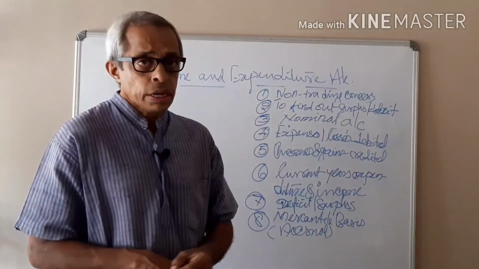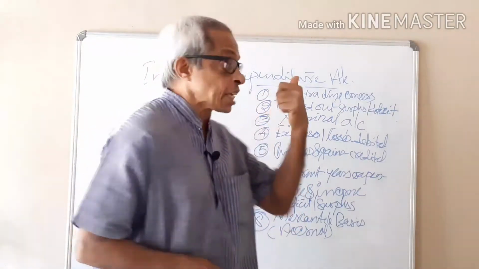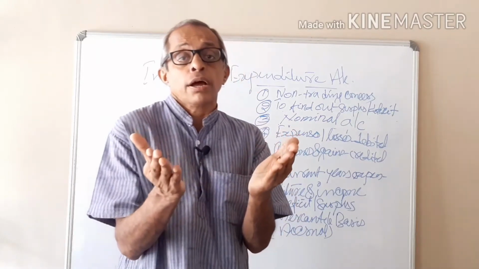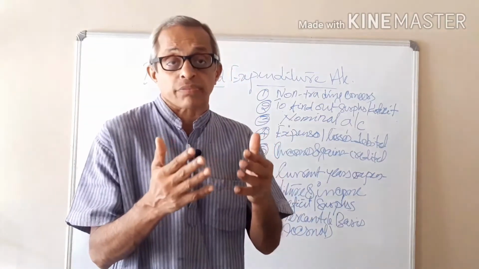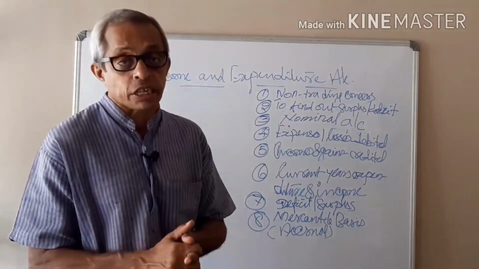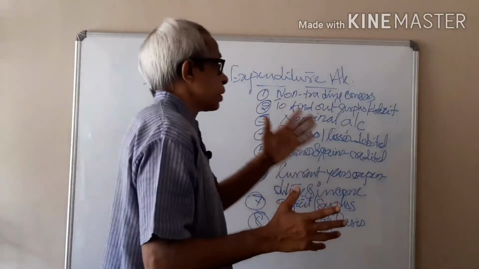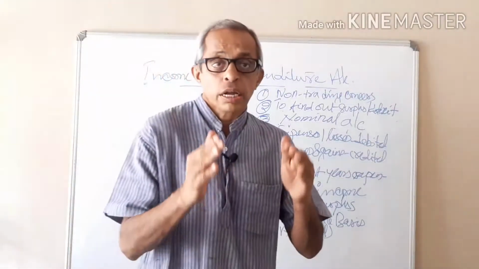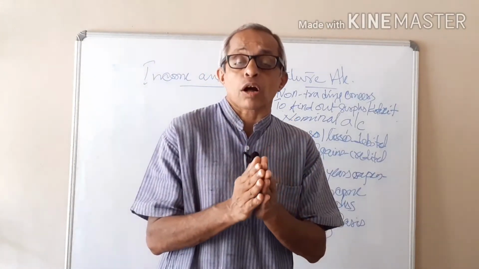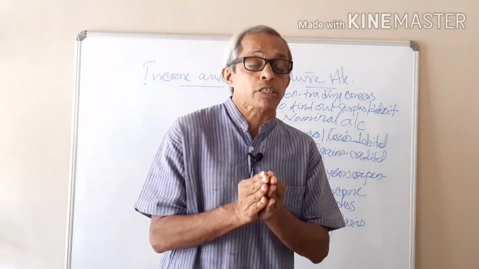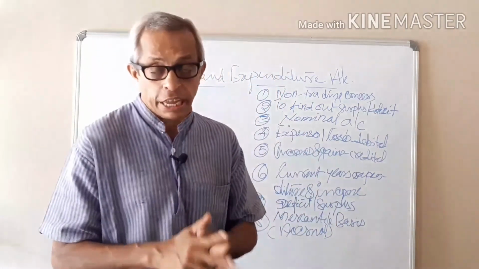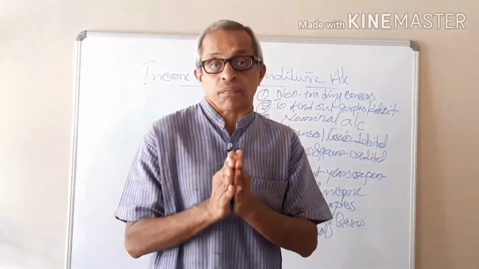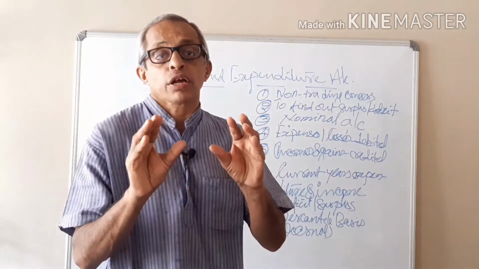So, as income and expenditure account is prepared in order to find out the net result of service to the members or net result of trading of a particular organization, this account bears nominal character, because the principle of nominal account is debit all expenses and losses, and credit all incomes and gains. Therefore, income and expenditure account is prepared in order to find out the net result of that particular non-trading concern.